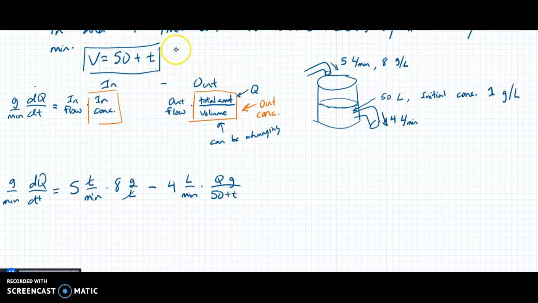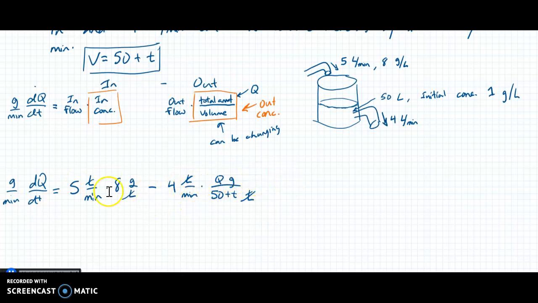Now, this is where those cancel, and it does give me grams per minute, just like this one gives me grams per minute. If you don't get that volume equation right, you may think when you cancel this stuff, you cancel the liters. Like say I didn't recognize that I had a t there. I just wrote the 50, and I would cross this out, right? That's an easy spot to make a mistake, and that's a spot where people frequently make mistakes.